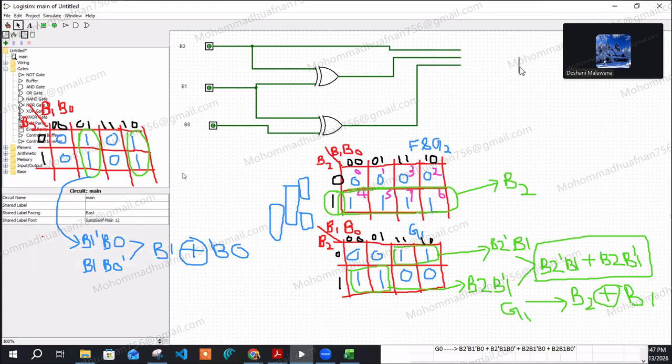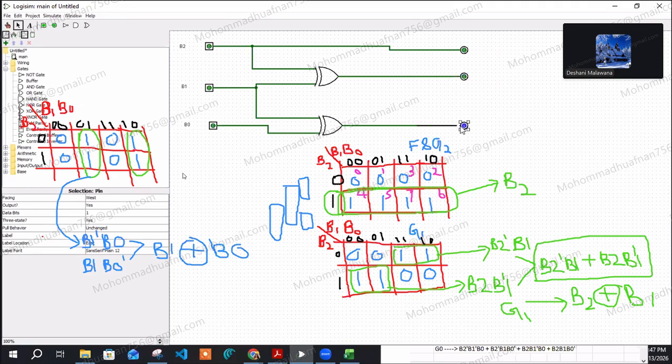Why did I combine all these things? Will be here. Will be here. Because this is going to be a 3-bit converter, right? Or 3 bits separately. Okay.